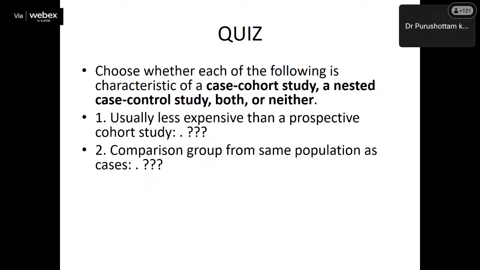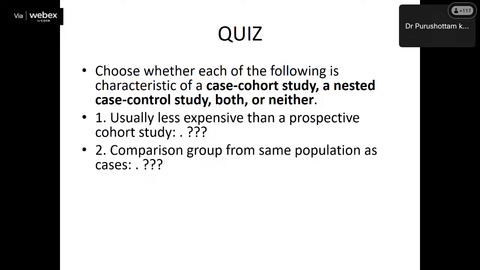In nested case control, suppose a case occurs; at the same time we take the control, but from where? From the same population, from the same cohort. And in the case cohort design, we wait for 5 years, and at that time we see there are 20 cases.